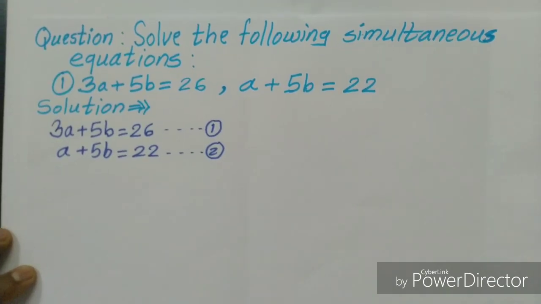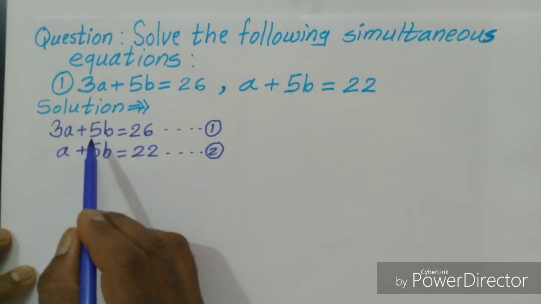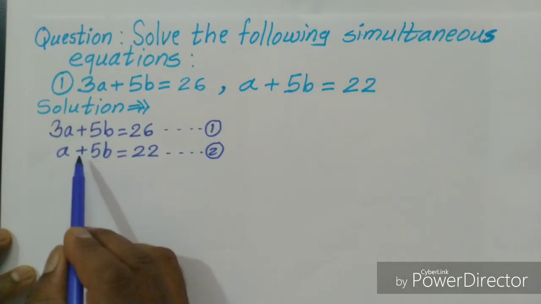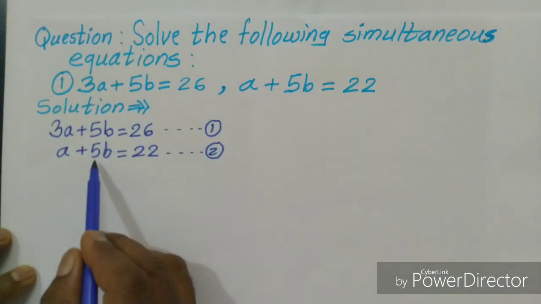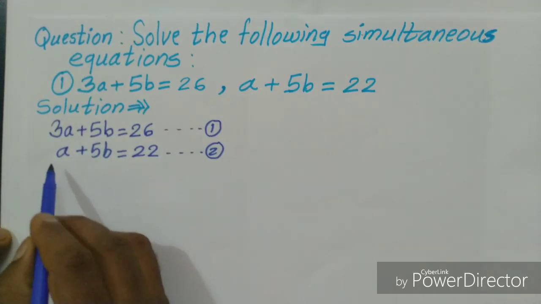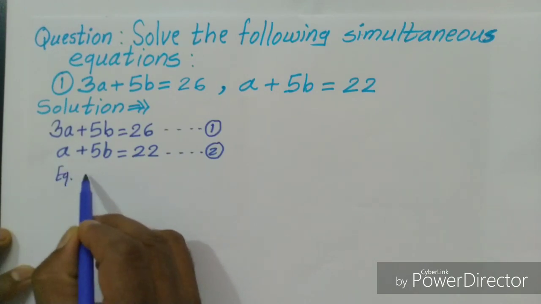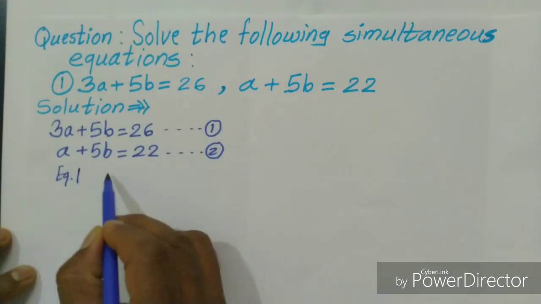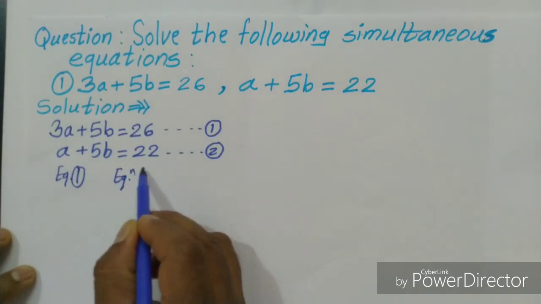In that example, 5b and 5b, and the signs are also similar. For cancelling purposes, we do subtraction here. Subtract equation 2 from equation 1.